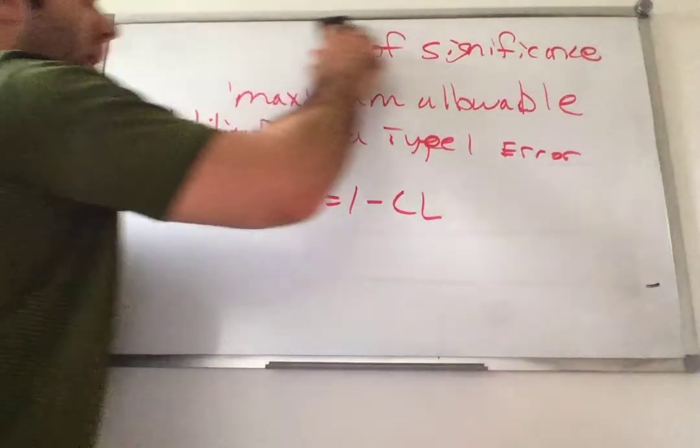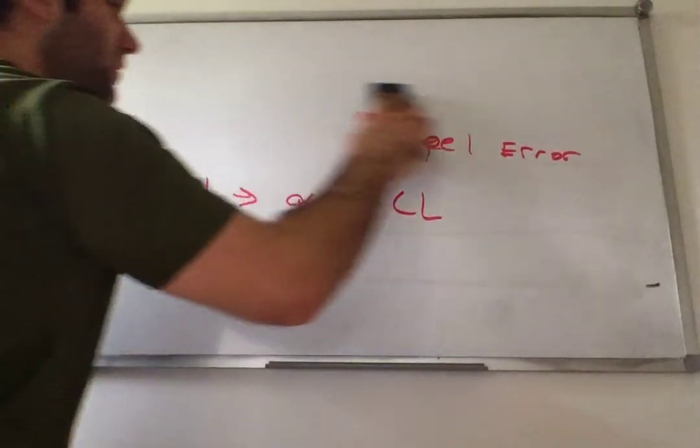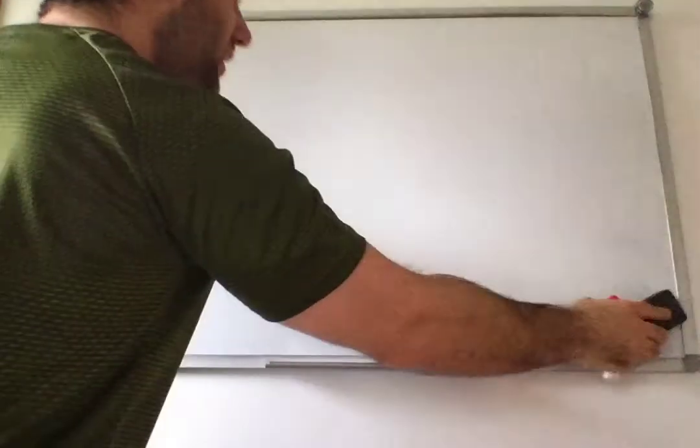Now, it depends what area you are doing this research in, what level of significance you would want to use. In the social sciences, you want to use an alpha level of 0.1. Okay, psychology, sociology, something like that. In the pharmaceutical industry, the level of significance is 0.01.